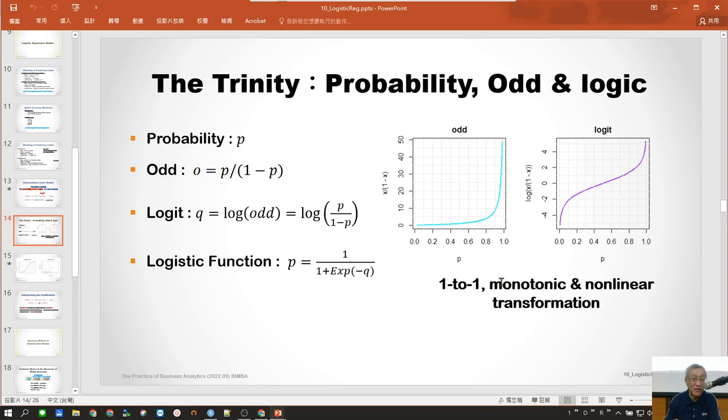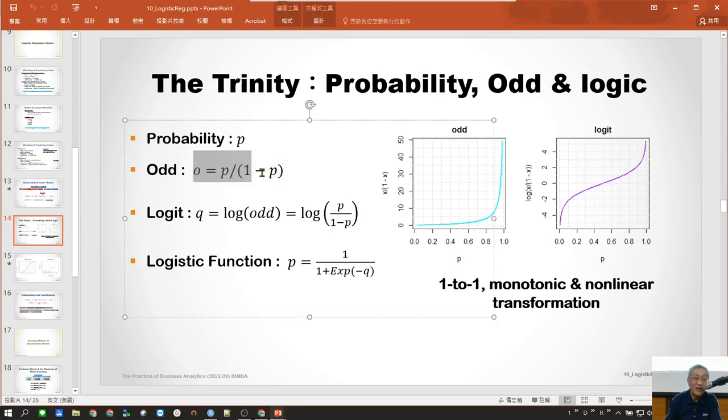P is always between 0 and 1, and odd can range from 0 to infinity. Because odd runs from 0 to infinity, if we want to confine it to a finite range, we apply a log transformation on odd.